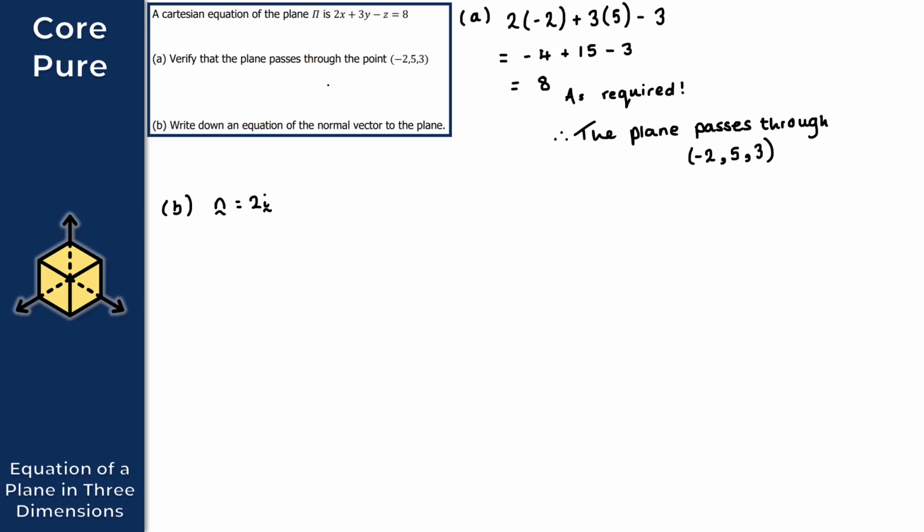We then get 3j, so plus 3j. And then finally, we get minus k. Just notice that 2, 3, and -1 match up with the coefficients on the left-hand side. So there we have it, nice and straightforward. That gives us the solution to question 1.